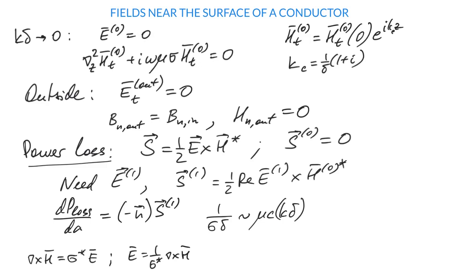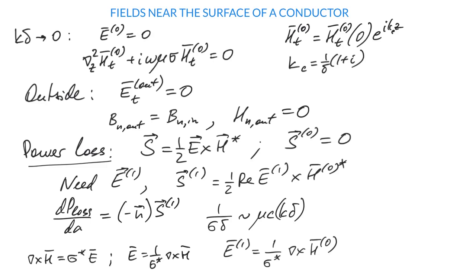Then the 0th order in H will give us the first order in E. With this in mind, we can easily write for the first order in the electric field, 1 / sigma star del H0, where H0 comes from the solution in the absence of the correction, namely to 0 order in k delta.